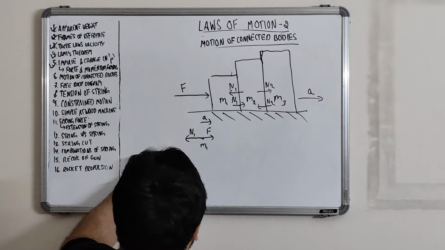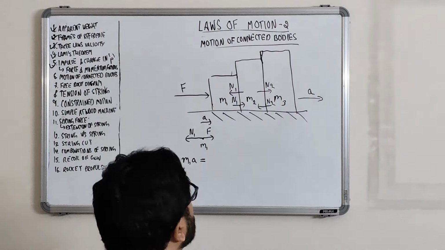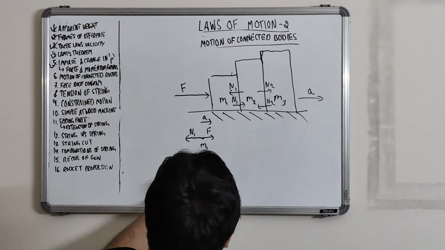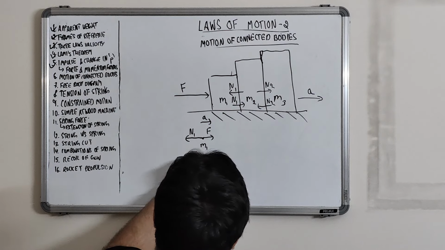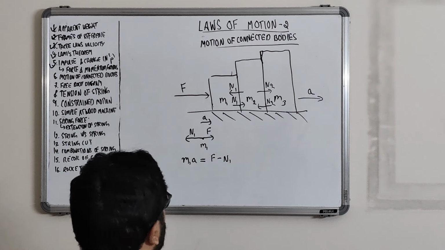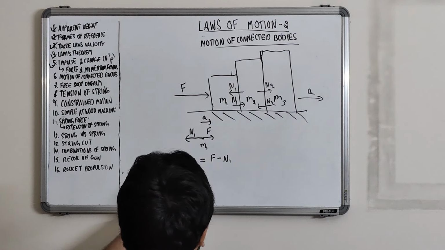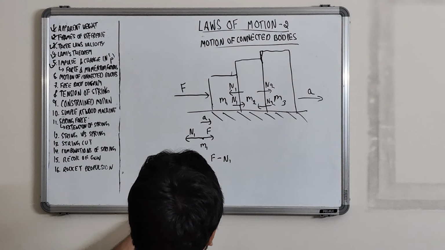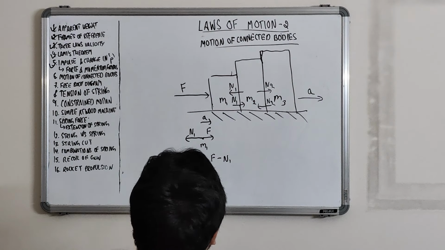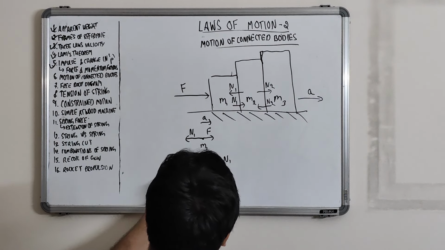So m1a is equal to what? Now F is in the direction of that, so F minus n1. So n1 is equal to F minus m1a.